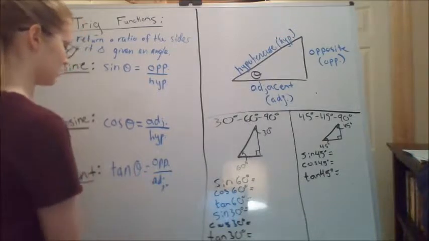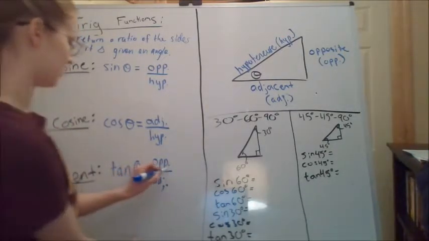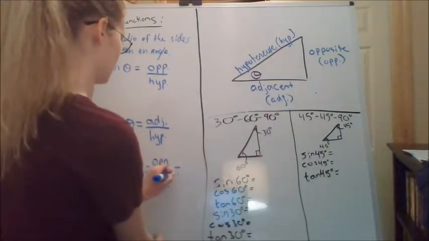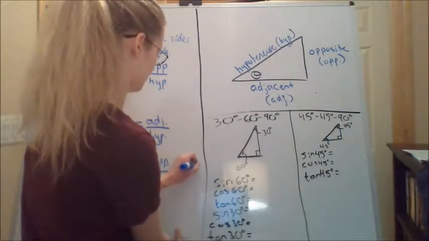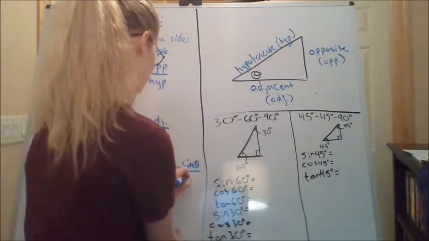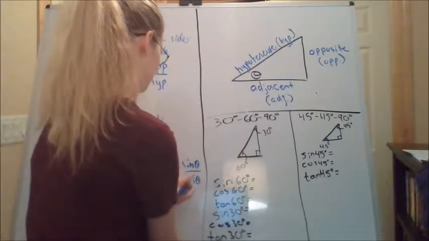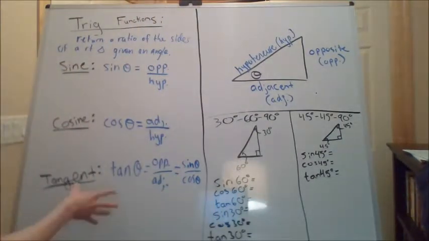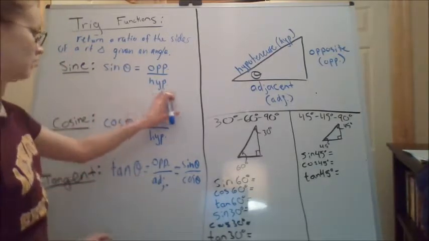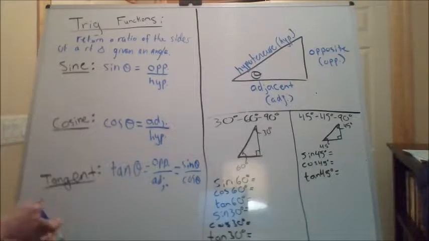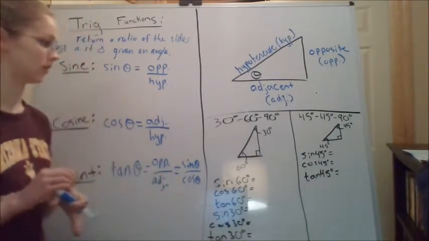And you may notice that tangent of theta is also equal to sine of theta divided by cosine of theta. That works because if you put this ratio over this ratio, the hypotenuse lengths will cancel each other out. Those are the three basic ones we're going to focus on today.